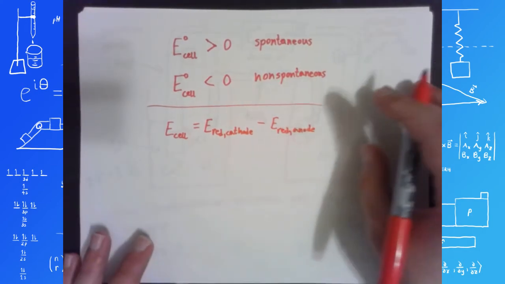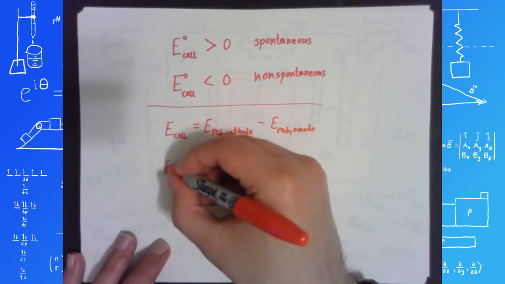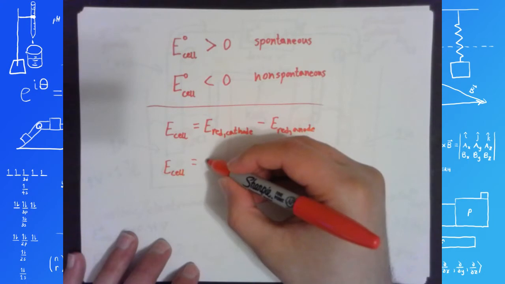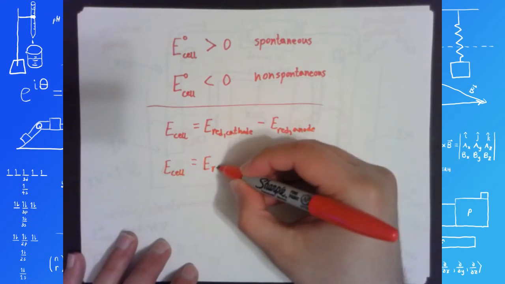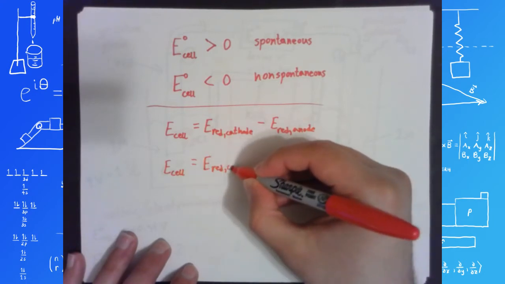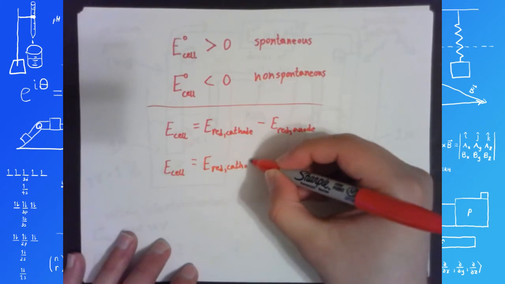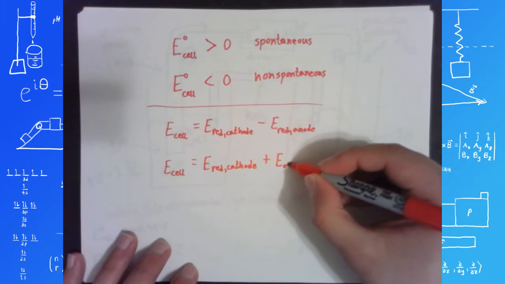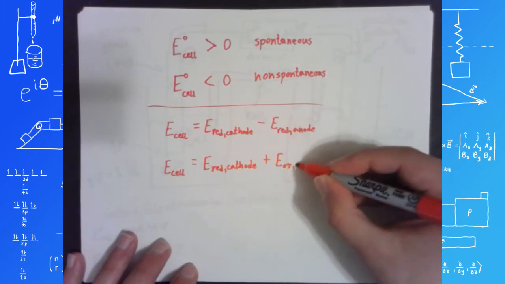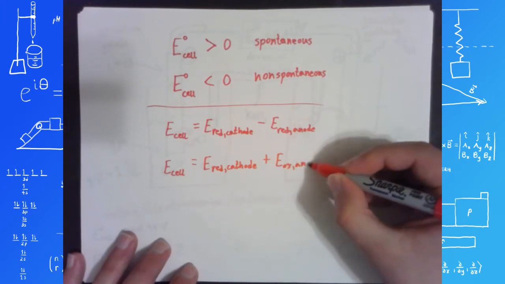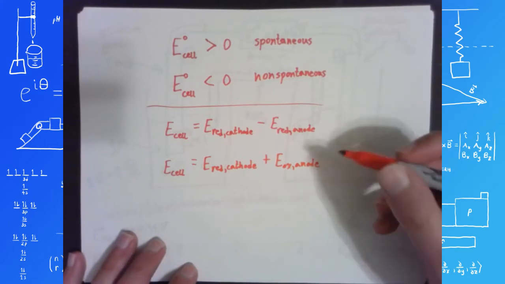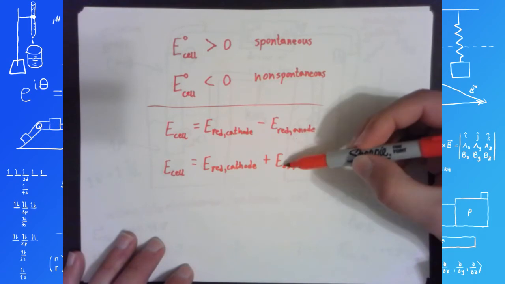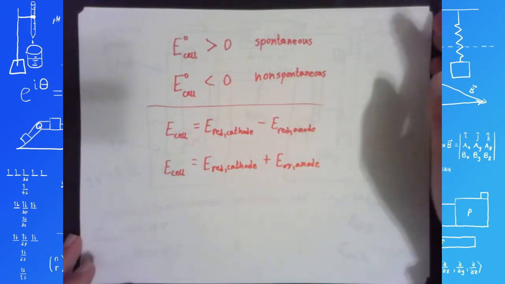or alternatively, you can say E cell is equal to the reduction potential at the cathode plus the oxidation potential at the anode. The negative of the reduction potential at the anode is the oxidation potential at the anode.